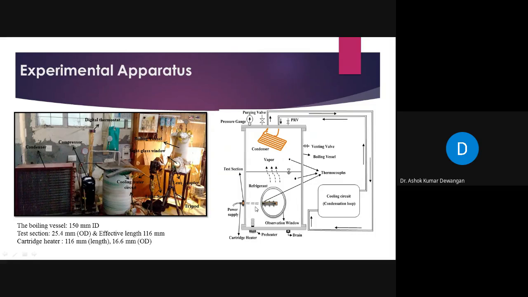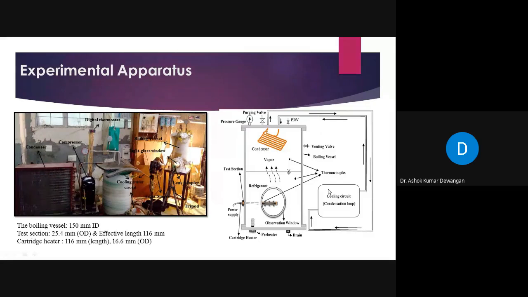Basically, this test section tube is heated by a cartridge heater with an actual heated length of 116 mm and a diameter of 16.6 mm, which is inserted inside the horizontal tube. This cartridge heater has a maximum power supply of 900 watts, which produces a uniform heat flux on the surface of the heat transfer tube. And the condensing loop consists of the internal condenser, a water pump and a cool water bath.